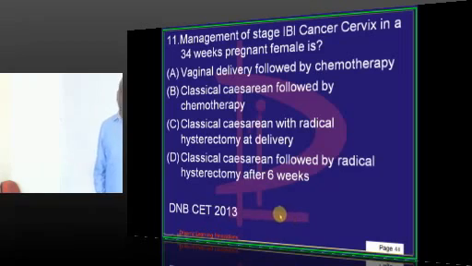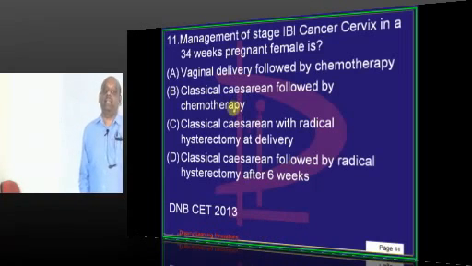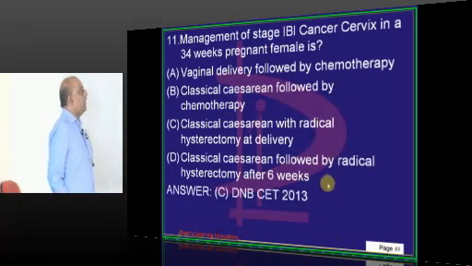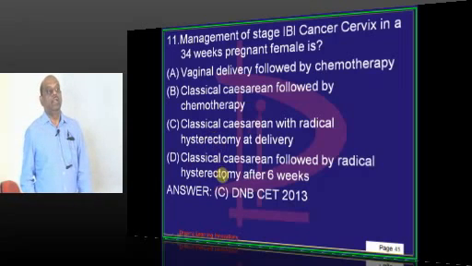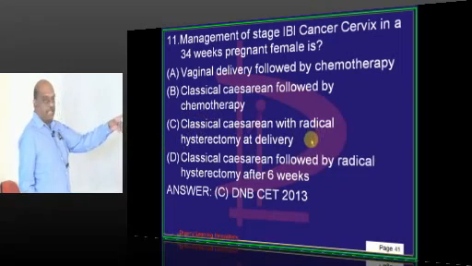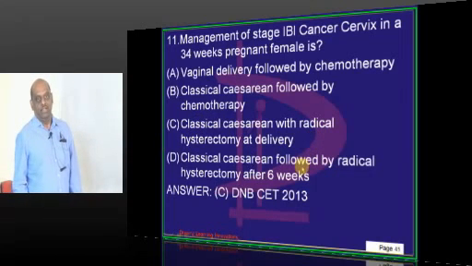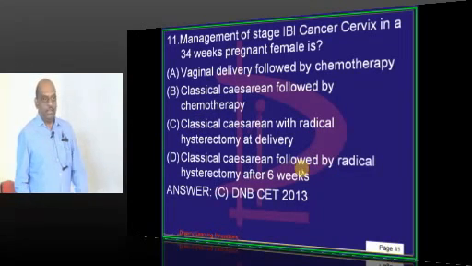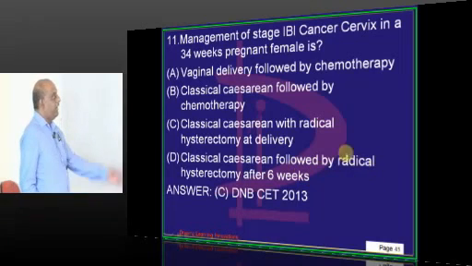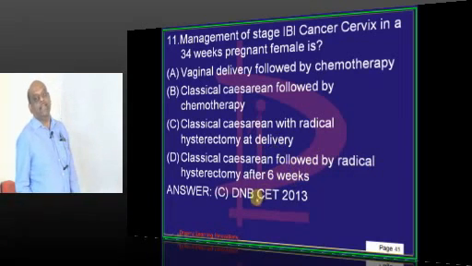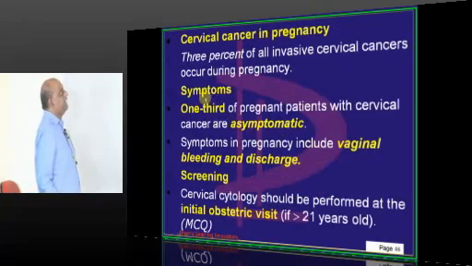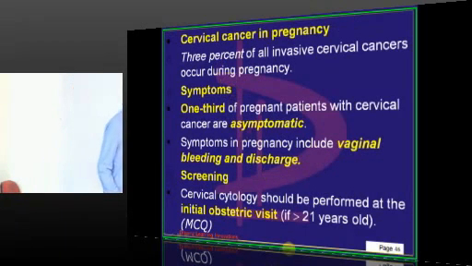Pregnant women getting discovered with cervical cancer, how do you want to manage? At the time of delivery of the baby, classical cesarean should be done, right? Not LSCS. Along with radical hysterectomy at the time of delivery is considered to be the management of choice.